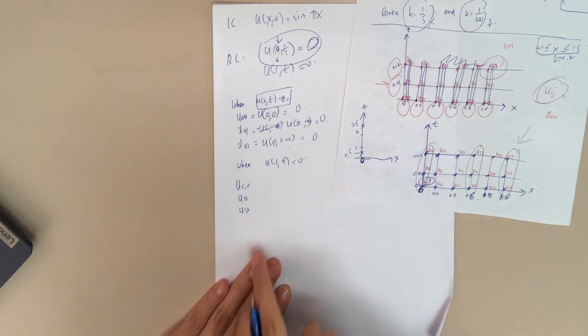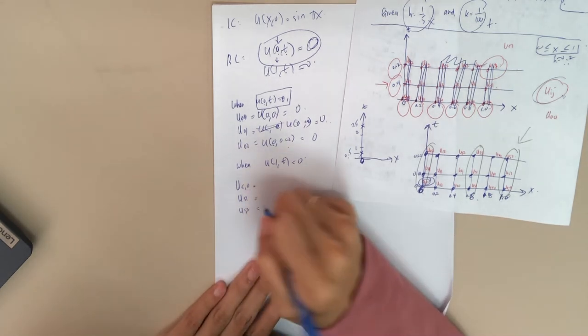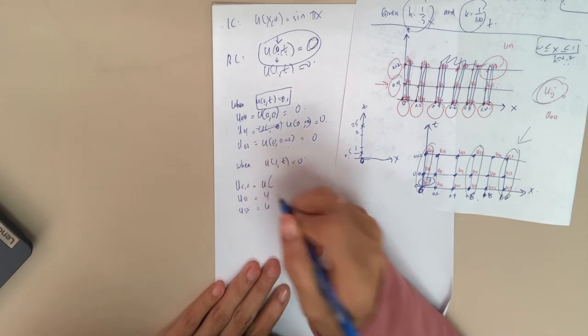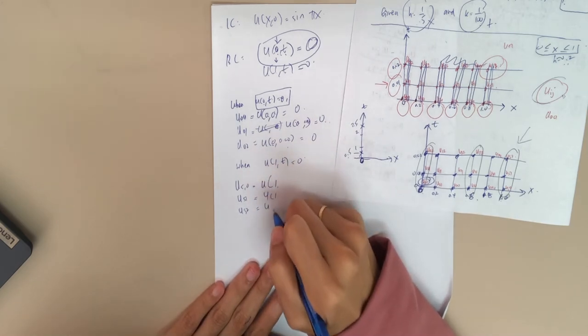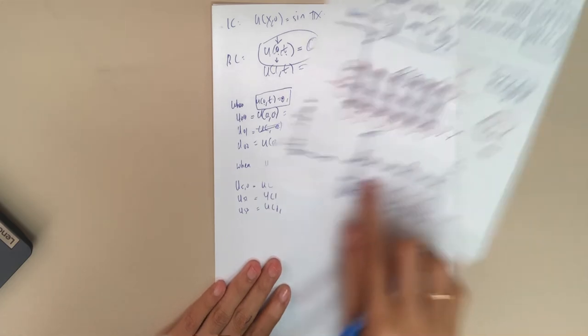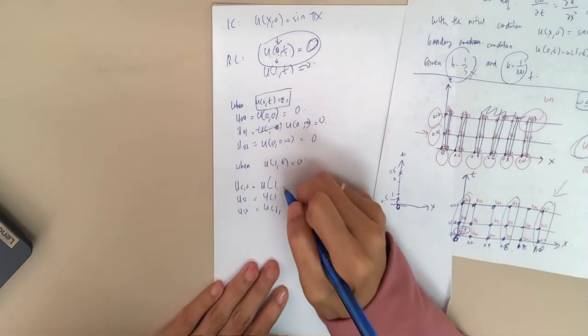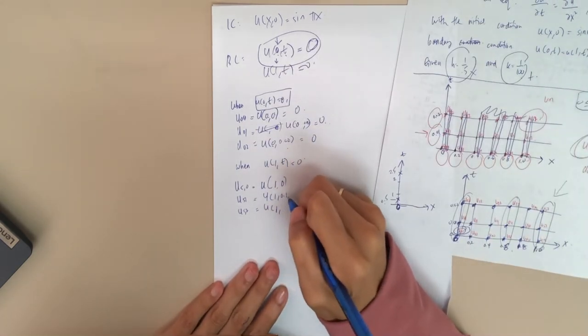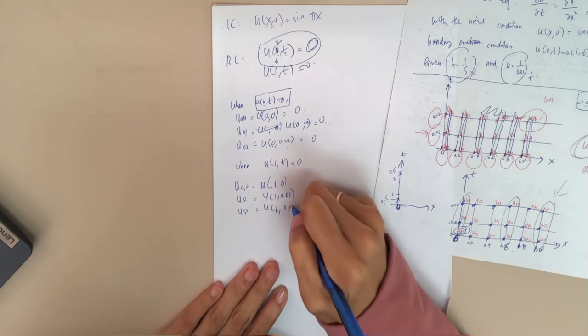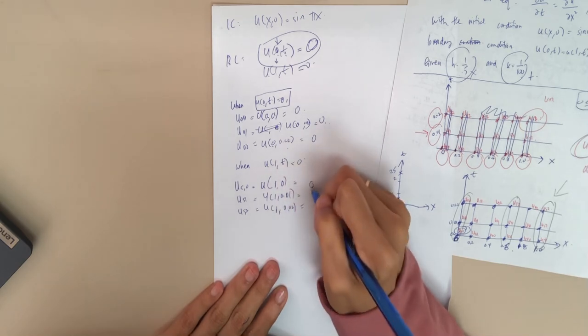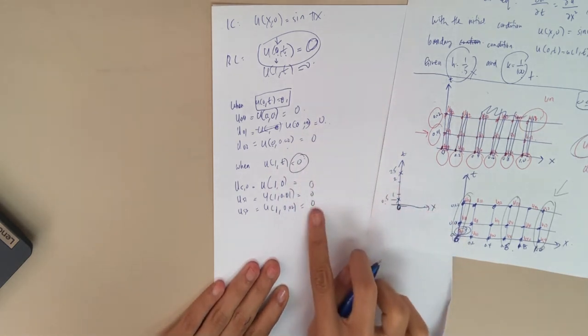And then this one is equal to 1, 1, 1. Semua satu kat depan. And then your t is different lah. Your t is 0.01, 0.02. And all this is equal to 0.